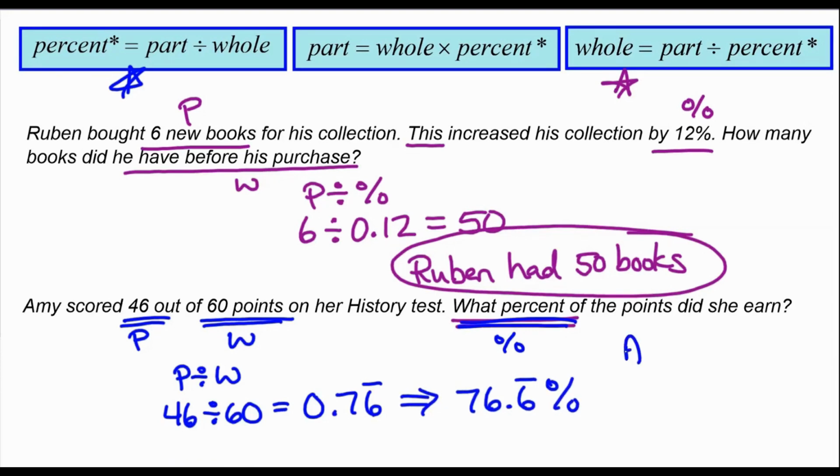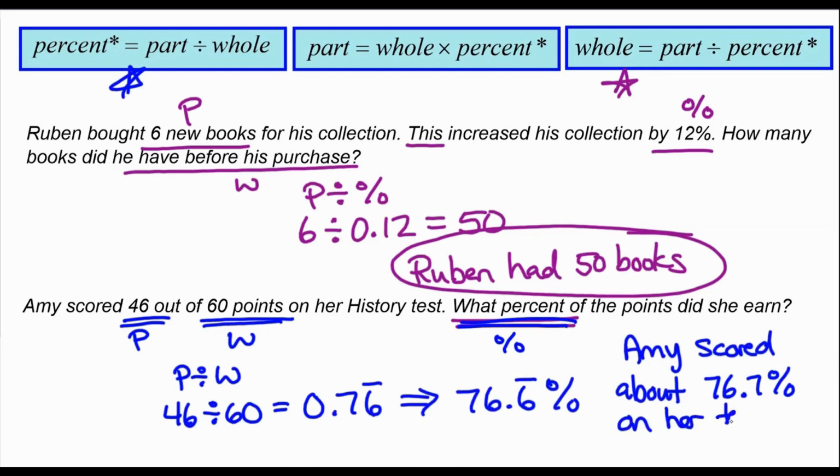So then we would say that Amy scored about 76.7, I'm going to round that to the nearest tenth percent, on her test. And that's solving percent problems that we've solved with the percent proportion, but using percent equations instead.